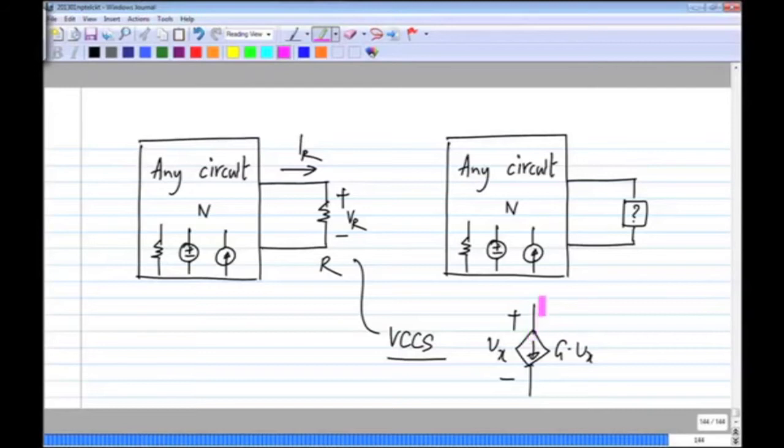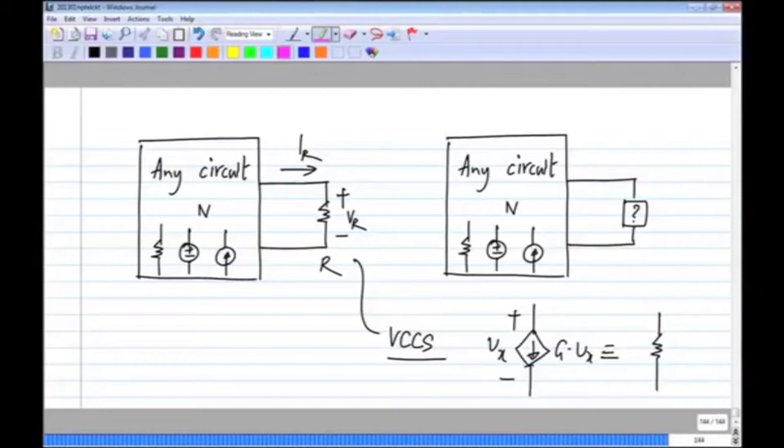Now this is not my question really. This is fine, this is true, but this is a resistor. A voltage controlled current source with the controlling voltage across the current source will be exactly the same as a resistor.